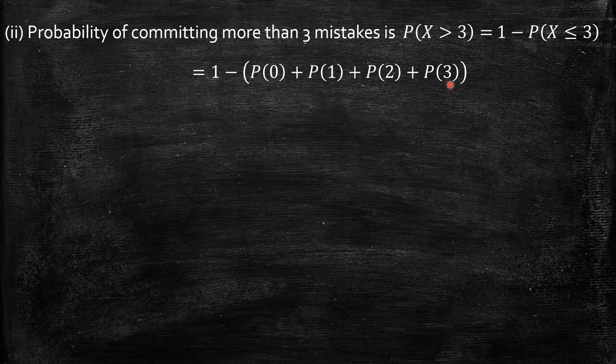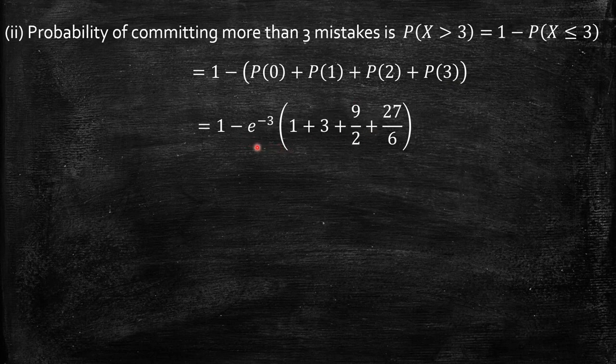where the probability function we know is 3 power x exponential minus 3 by x factorial, where exponential minus 3 is a constant throughout, so I can take it out. So 1 minus e power minus 3, when x equal to 0, m power x by x factorial, m power 0 by 0 factorial, that is 1. When x equal to 1, 3 power 1 by 1 factorial, that is 3, because m is 3 here.